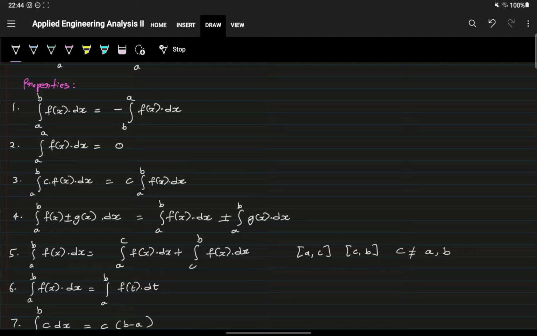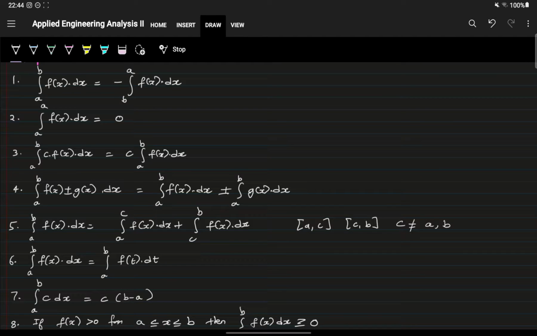And if a constant is multiplied with the function, we can easily take the constant outside and perform the operations. It would remain the same. And we can break up the definite integrals across a sum or a difference.